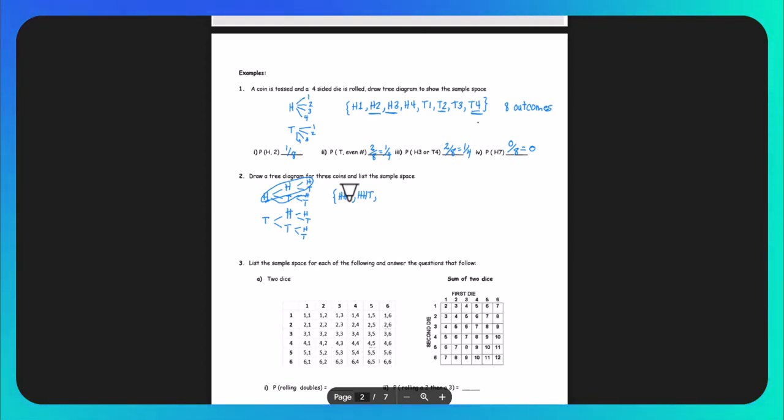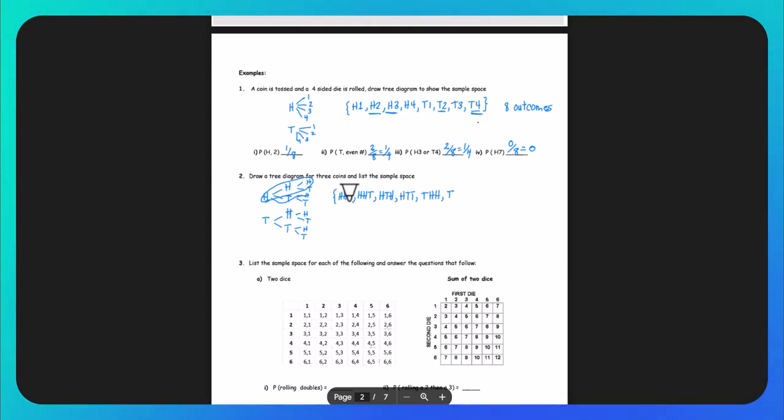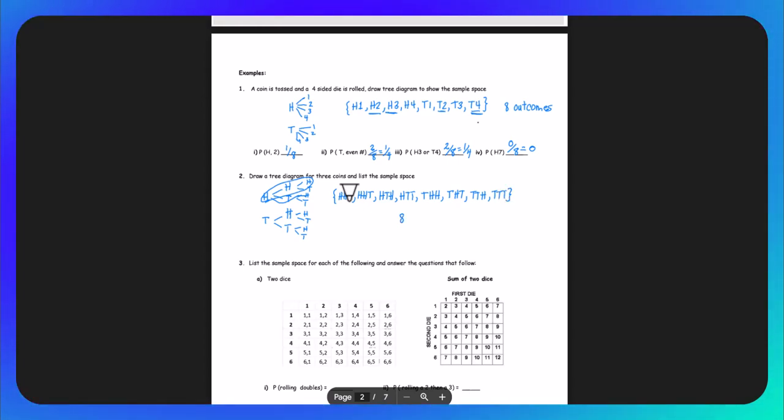So it gives us H, T, H, and so forth and so on. And then it starts with the T, H, H, and then the T, H, T, and the T, T, H, and finally the T, T, T. So in this one, we still have 8 outcomes, even though there were 3 events.